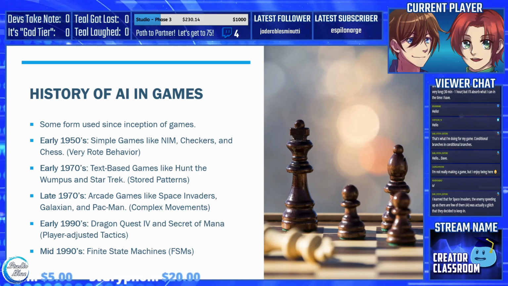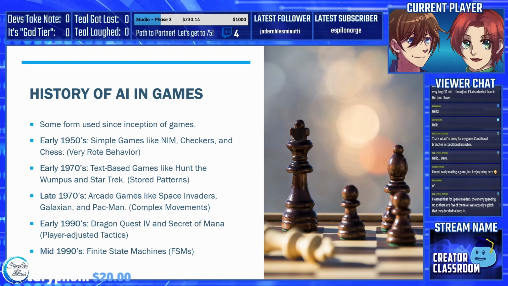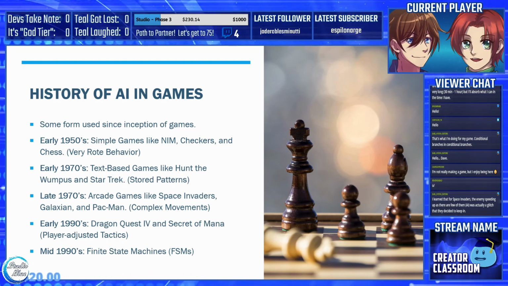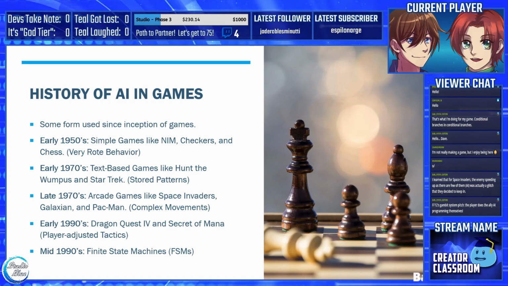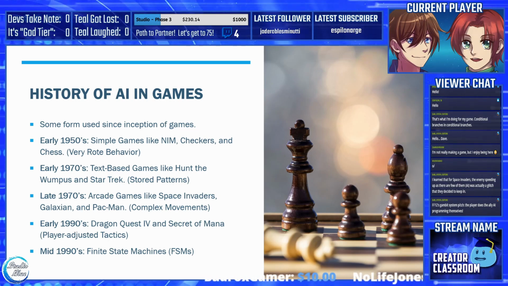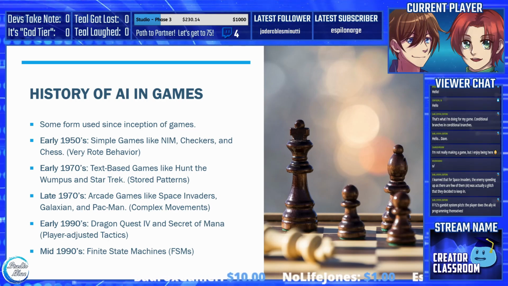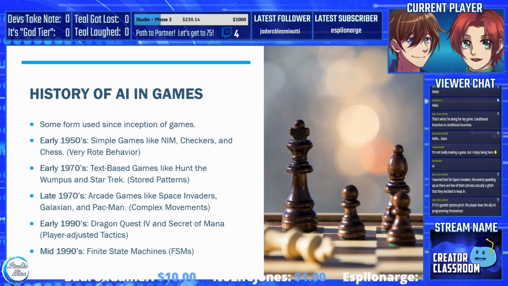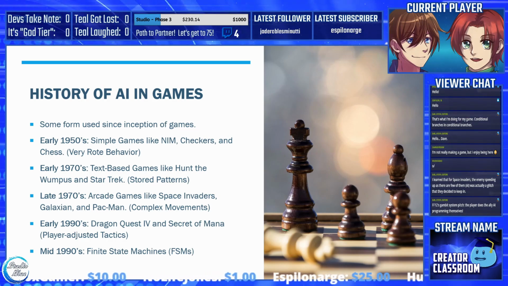There are exceedingly complex AIs out there that, when you break them down, are built on these fundamental block structures. So Archeia has an interesting tidbit of info. For Space Invaders, the enemy speeding up was actually a glitch, and they decided to keep it in. That is true.